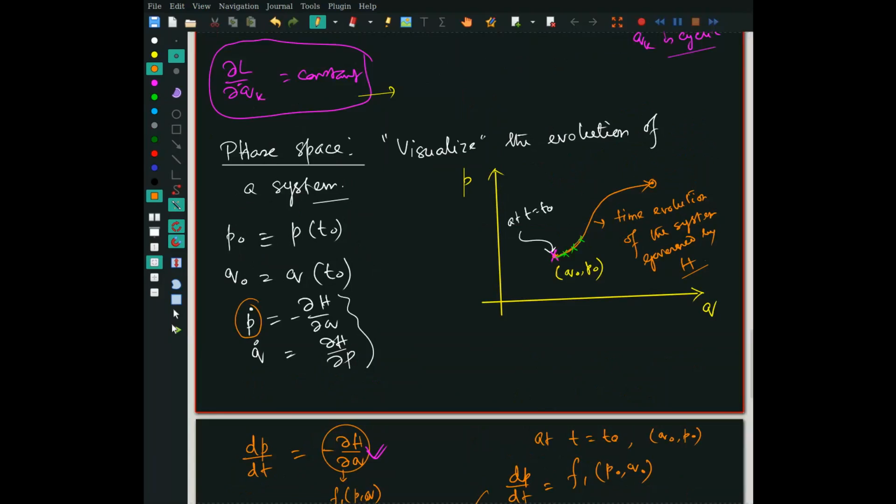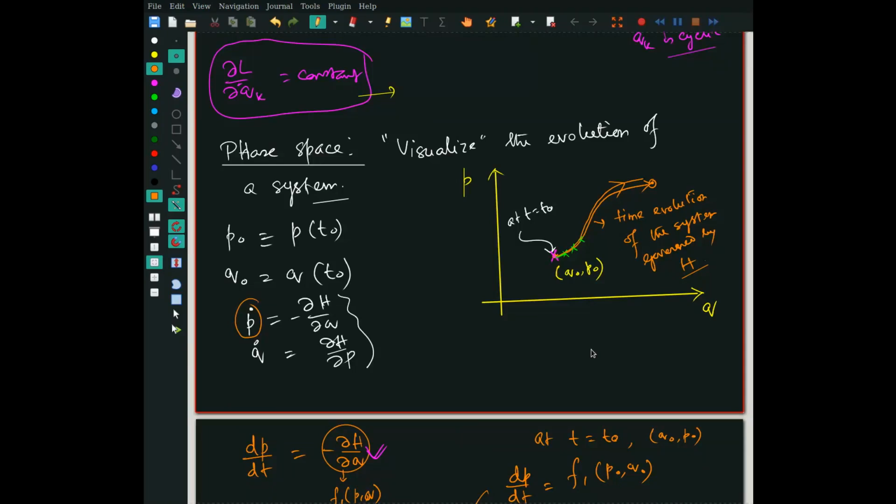So that's what I mean by the Hamiltonian governing the evolution of the system uniquely. It builds up step by step, in small infinitesimal steps, the evolution of the system. And the evolution of the system is entirely governed by the Hamiltonian.